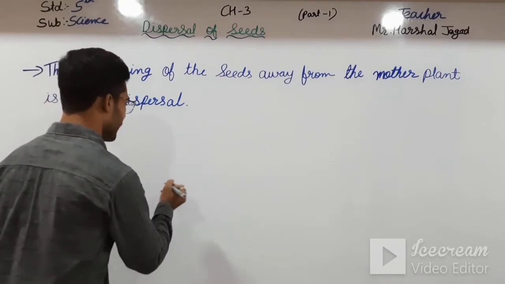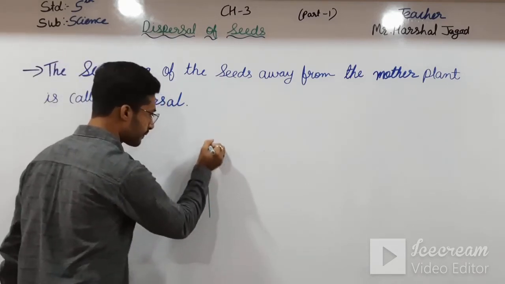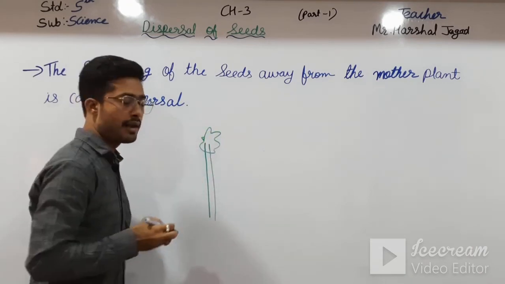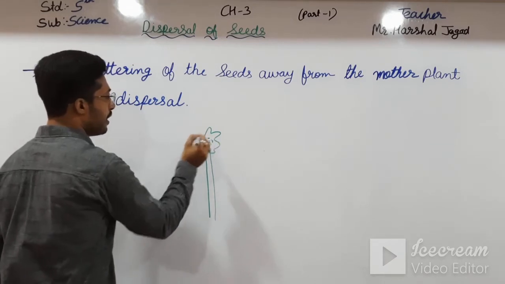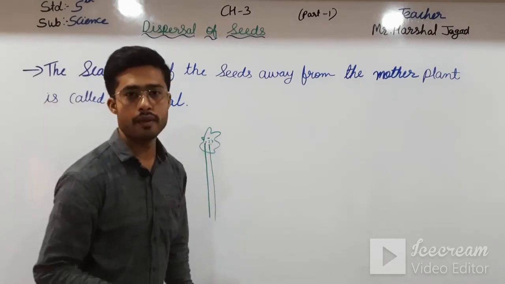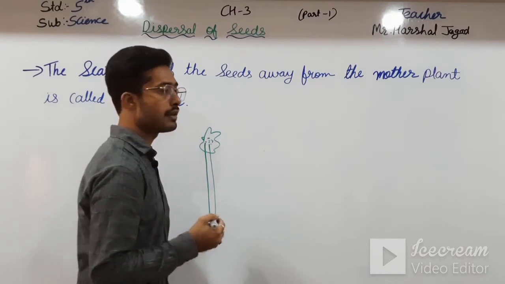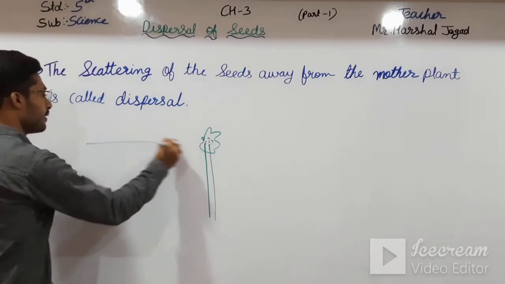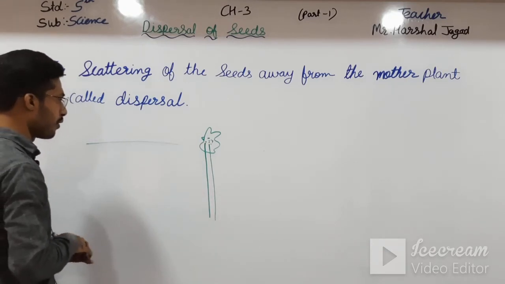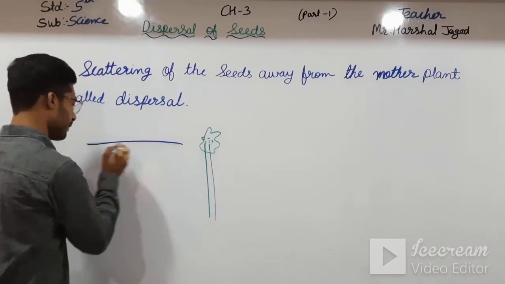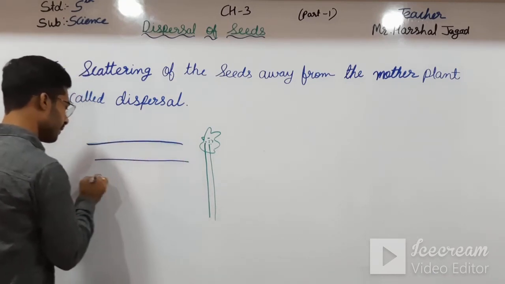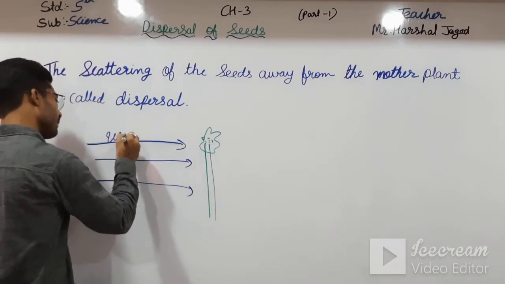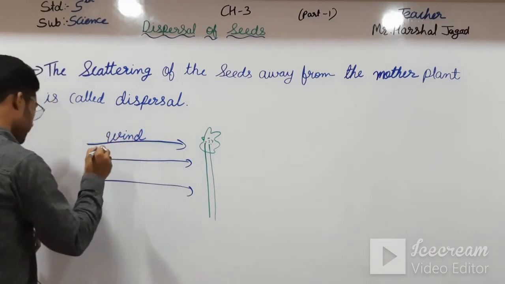Okay students, so if I take this as a plant and here there is this cotton and here there are seeds which are to fall down after some period of ripening of the seeds, then these winds blow.